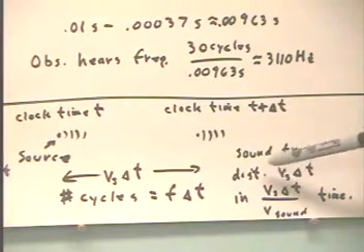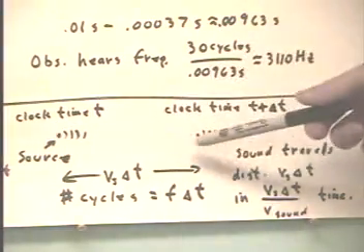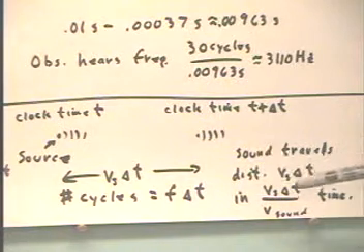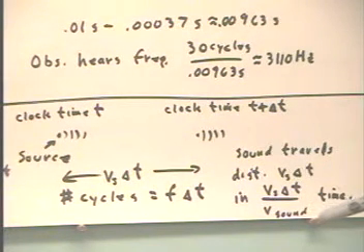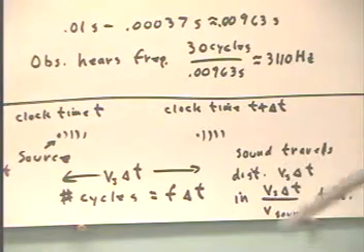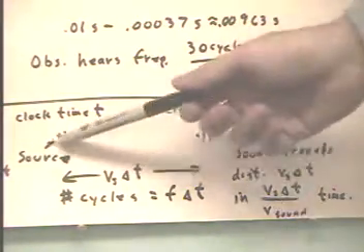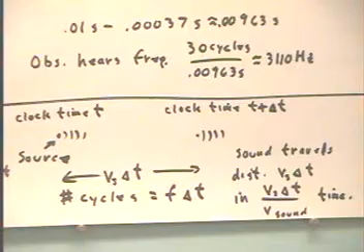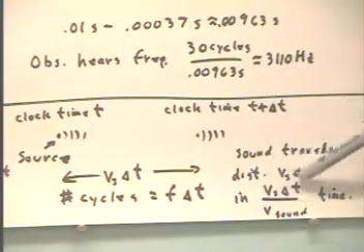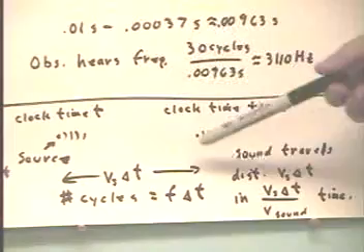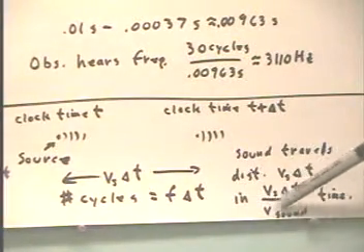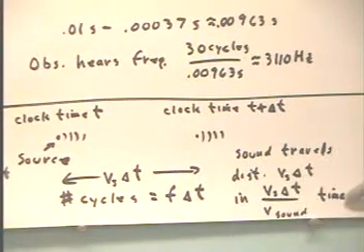Now, let me say that again. Okay. In time delta t, the source travels distance Vs delta t, and the sound travels this distance here in time Vs delta t divided by the velocity of sound, just distance divided by time.